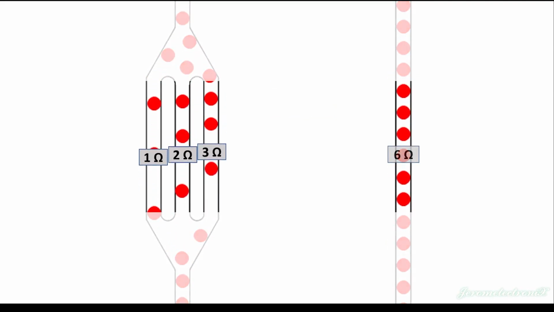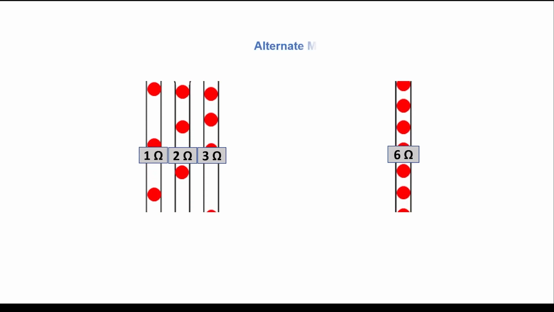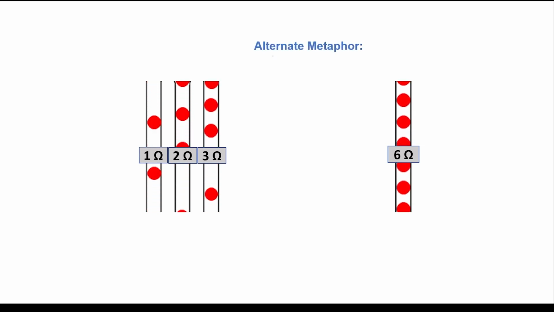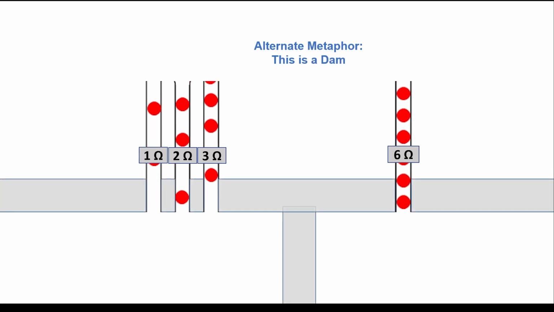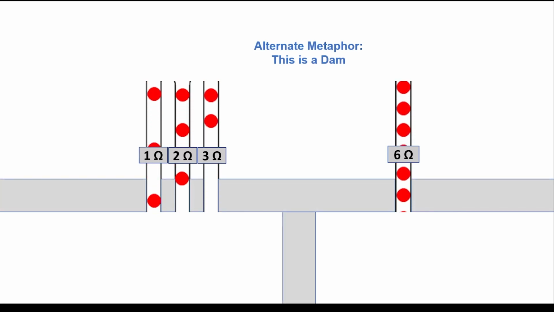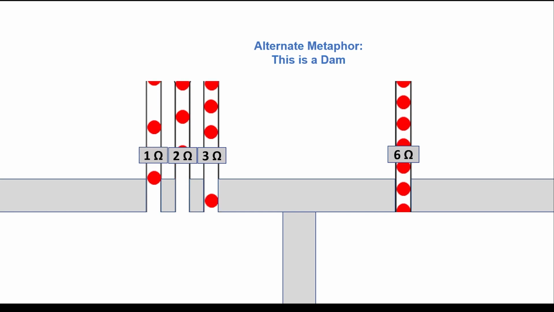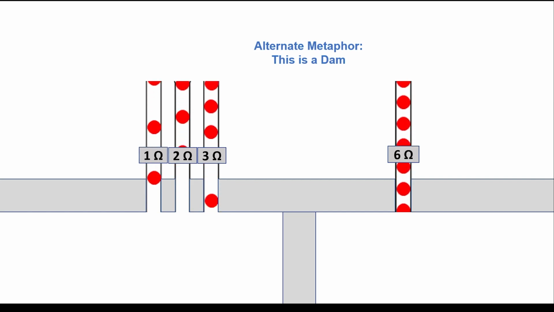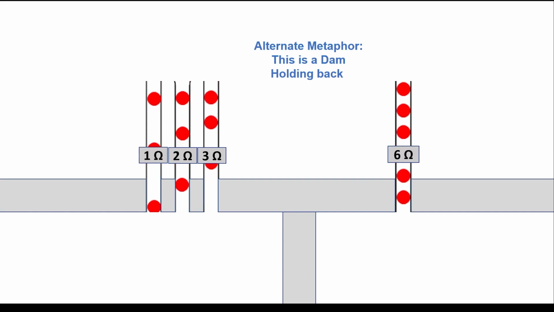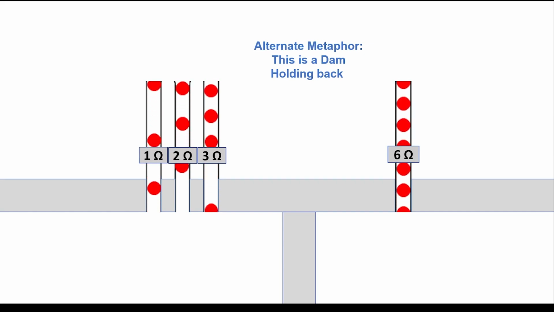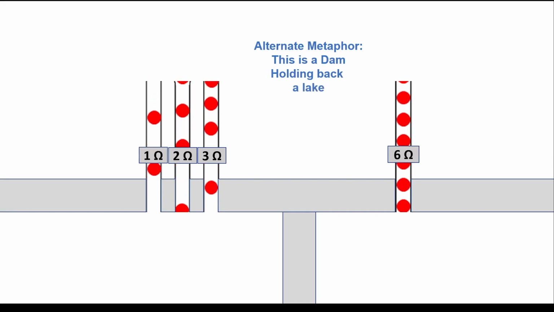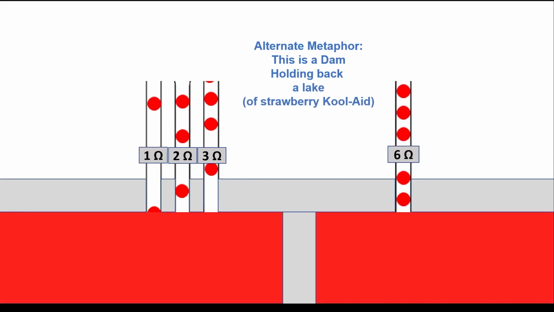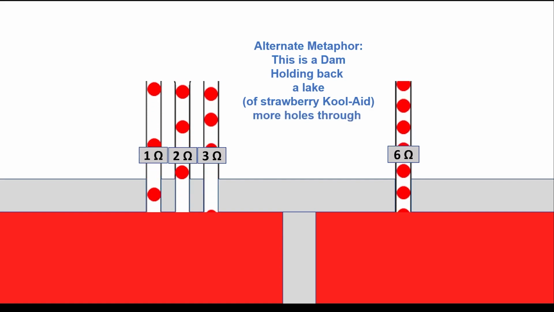Another way to think of that, I'm just going to line them all up this way. Alternate metaphor here. This is a dam. Okay? Reservoir. A dam. My father-in-law always said, I'm not a dam fisherman. He's a stream fisherman. Anyway, getting off the subject here. This is a dam, and basically it's two dams because it's got that concrete barrier separating them, but each of these dams is holding back a lake, and if you haven't noticed, it's a lake of strawberry Kool-Aid.